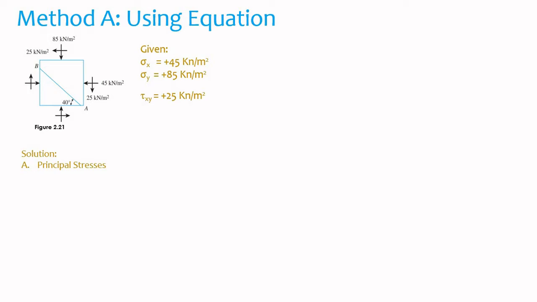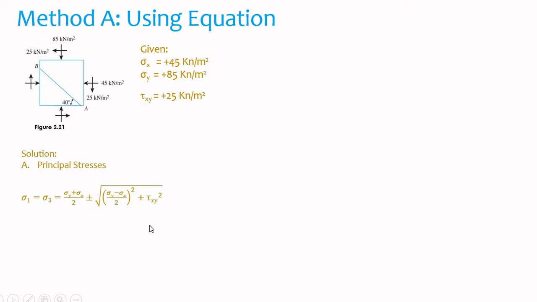Solution. So first is we have to solve for the principal stresses. From Unit 1, we have learned that to determine the principal stresses, we can use the following equation. So sigma 1, sigma 3 is equal to (sigma y plus sigma x) divided by 2 plus or minus the square root of the quantity (sigma y minus sigma x) divided by 2, the quantity squared, plus tau xy squared.